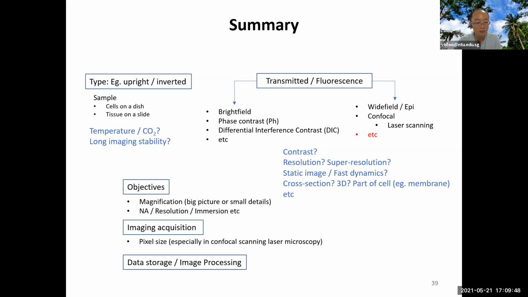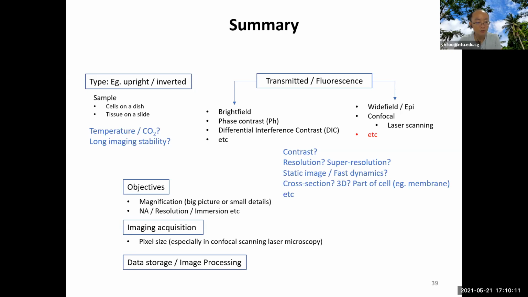So please take note of the pixel size every time you go onto the microscope. Of course, at the end, which we did not cover in this orientation, you have to consider where you store your data, as well as the post-processing, the image processing of your data. Right, so basically that's it.